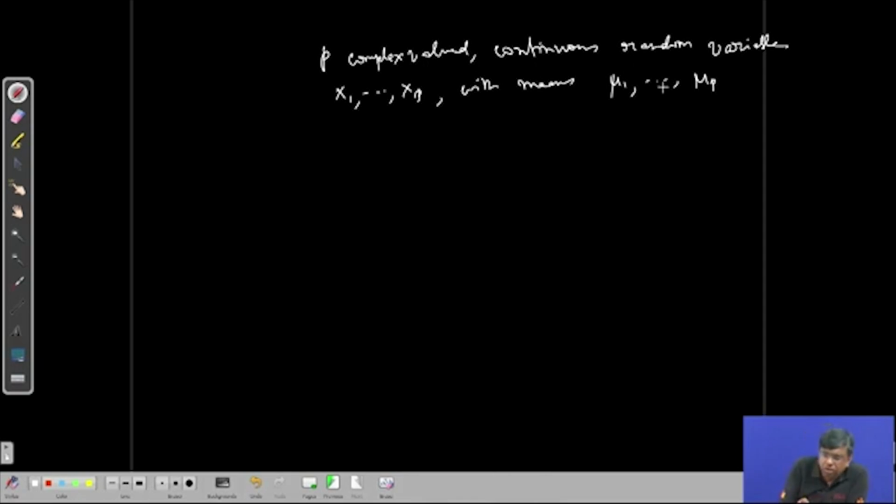Okay. Then from this vector, incremental vector x1 minus mu1. So mu1 is the mean, x1 minus mu1 is the increment or decrement around the mean, x2 minus mu2, up to xp minus mu p. You can give a name, small x, maybe tilde.